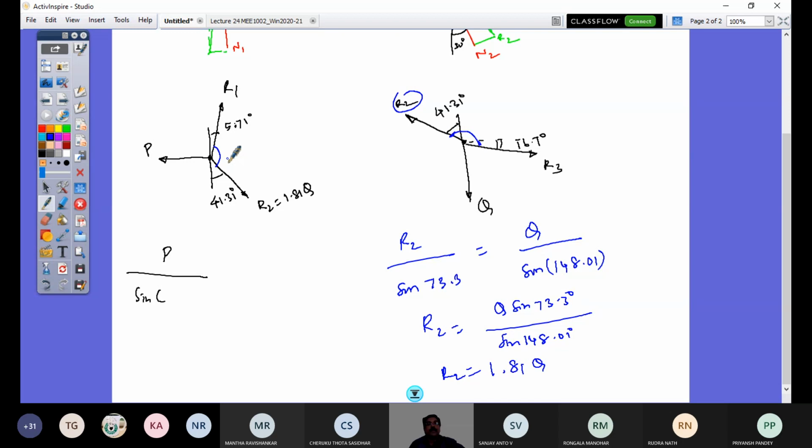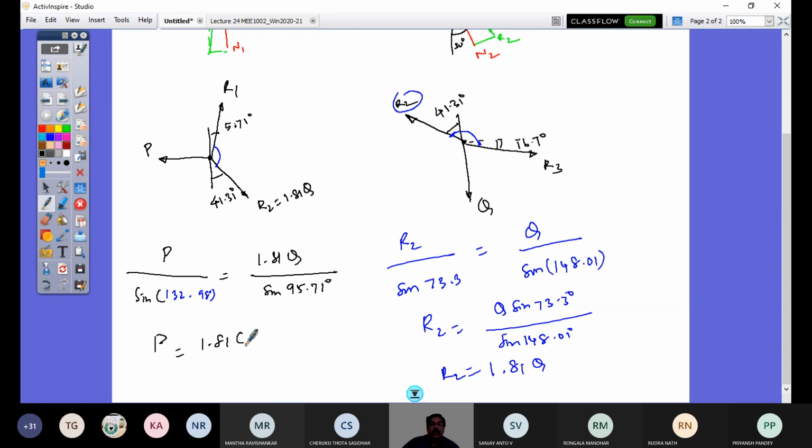It's 180 minus 41.31 minus 5.71, which is 132.98 degrees. So that is equal to R2, that is 1.81 Q, by the sine of the angle included here, which is 90 plus this, so sine 95.71 degrees. This would solve for P.